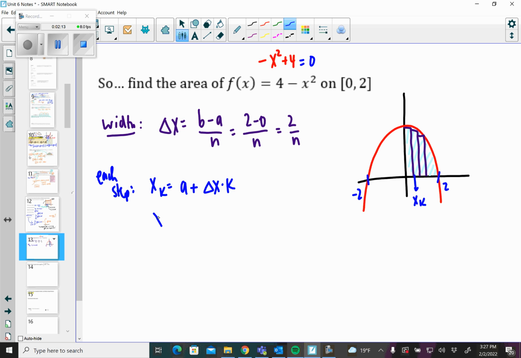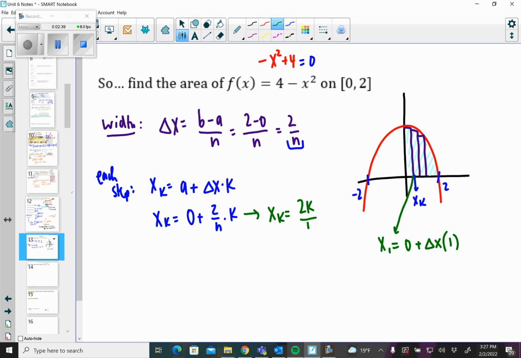So in our case, x sub k is equal to 0 plus delta x, which we know is 2 over n times k. For example, if I'm looking at our first one, it would be 0 plus change in x, one copy of it, right, times 1. So any step on this interval will be equal to 2k over n.